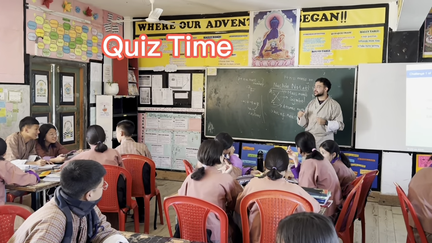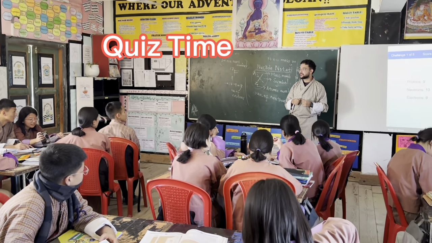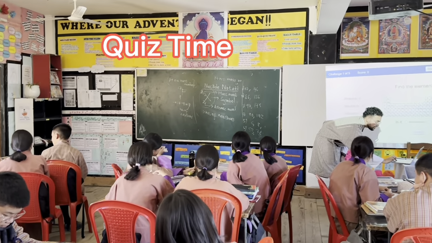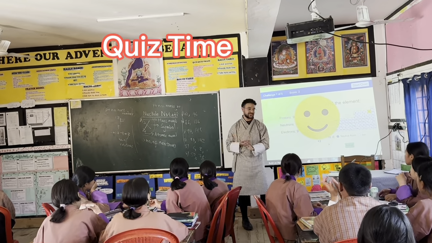How do you know something is neutral? It has an equal number of protons and electrons. Okay. So that becomes neutral. Alright, 2 points. Thank you.